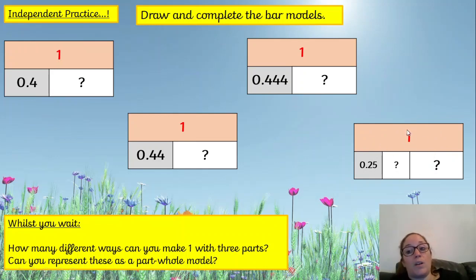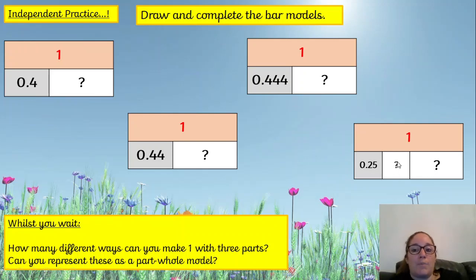Because again, when I originally did this as part-whole models, I put the 1 in, and then the 3 circles that were coming off, you can't see what proportion they are. And I think bar models really help to show how big the number is that you're looking for, the missing number. It's a good indication of what the number might be.